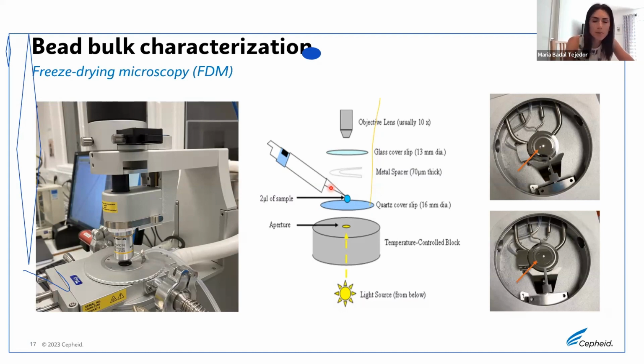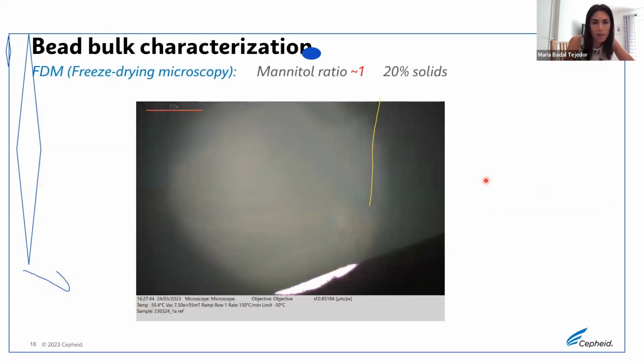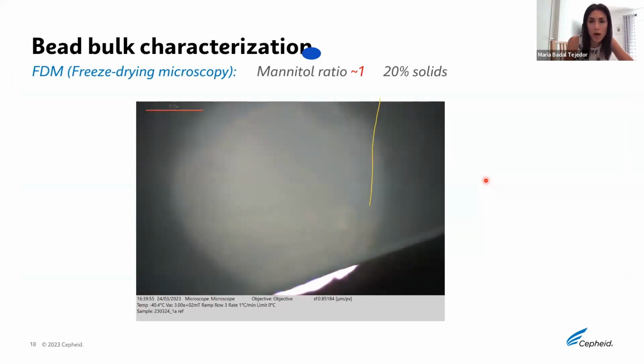And what we can observe are the different features in the case of having mannitol present in the formulation. When the solid content is 20% and the mannitol ratio is 1, we face 2 different drying fronts.